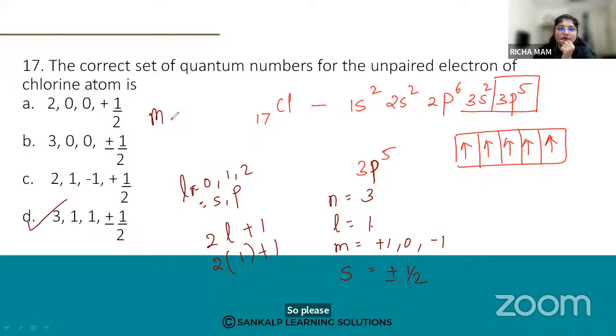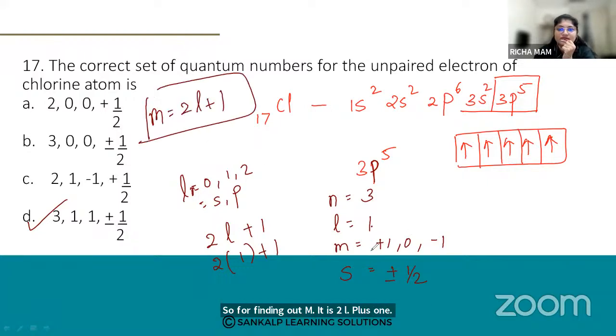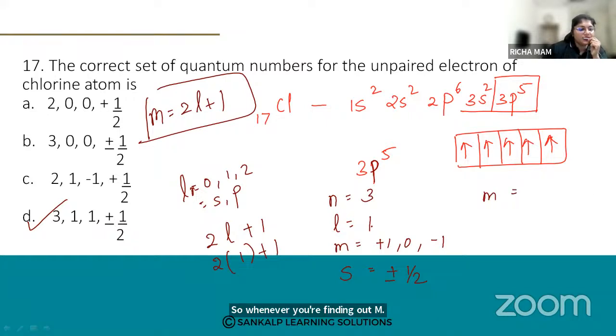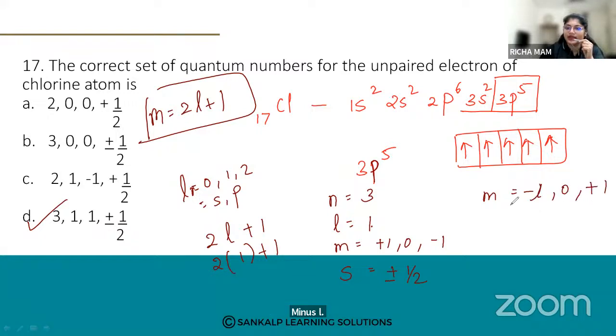So for finding out M, it is 2L plus 1. Use this formula and then see, these are the possible values. Whenever you are finding out M, M is nothing but 2L plus 1. It is represented by L. So whenever the L value is there, it will be between minus L, 0, and plus L, based upon the L value.